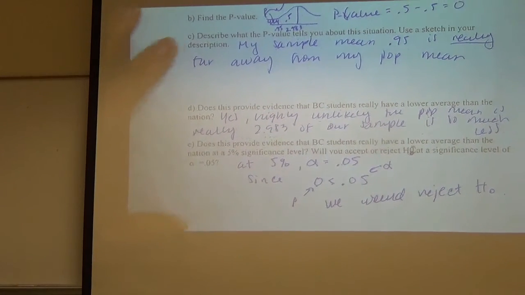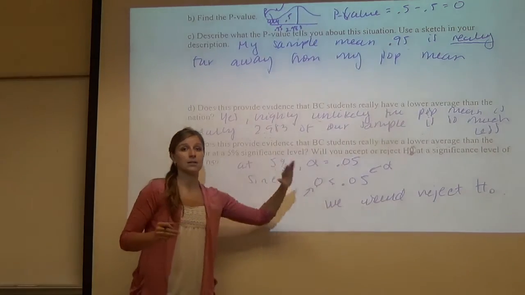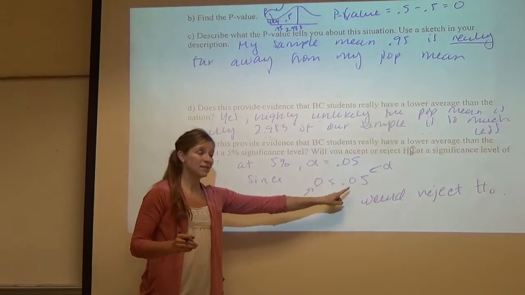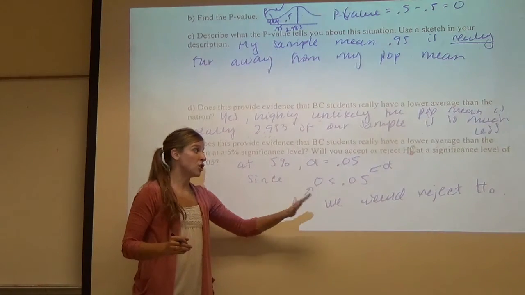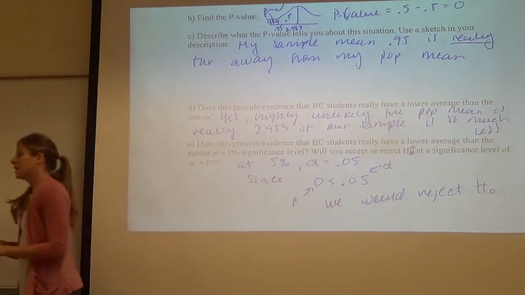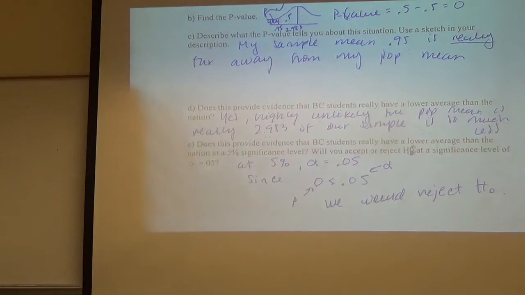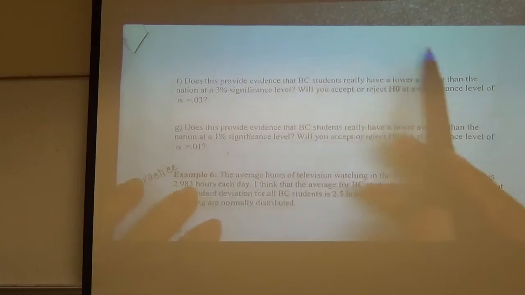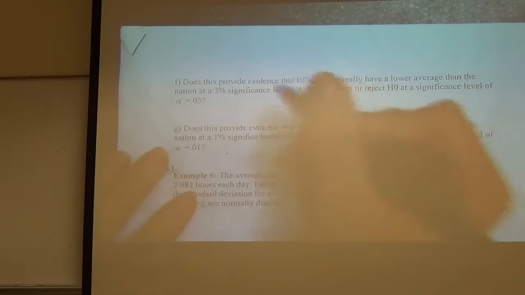We're basically going through the same computations we did with the intuitive examples, but now we're naming a specific significance level and saying, if my p-value is less than that significance level, then I know I'm going to be rejecting the null. Next pieces of this, the same example continued. Does this provide evidence that BC students really have a lower average than the nation at a 3% level? Same idea.